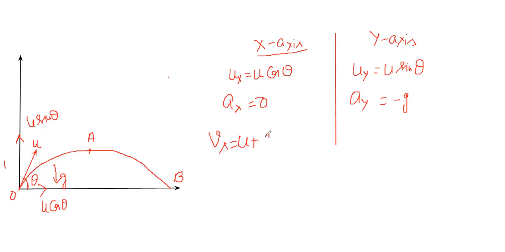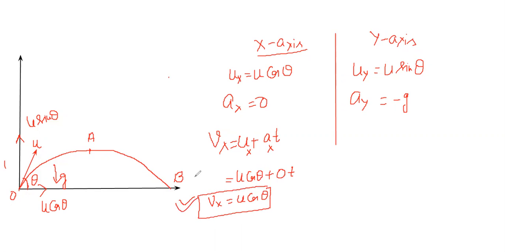Vx equals ux plus ax t, that is u cos theta plus 0 times t. So Vx equals u cos theta. Simply you can see that Vx and ux are both the same.